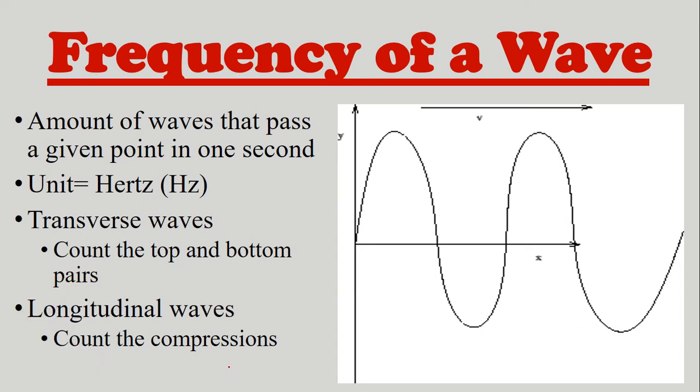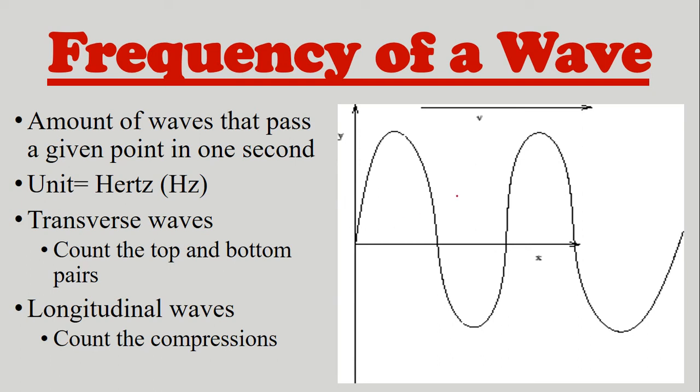Both types of mechanical waves have frequency. Frequency is the amount of waves that pass a given point in 1 second. And frequency has a unit, it's hertz, Hz. Now in transverse waves, we have to count the top bottom pairs. So if you look at this wave over here, it's a transverse wave.